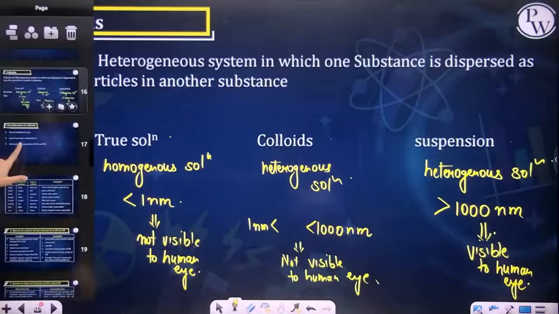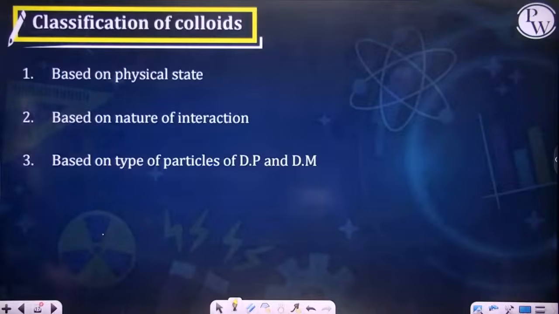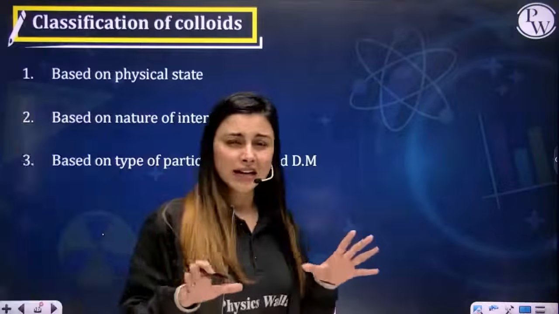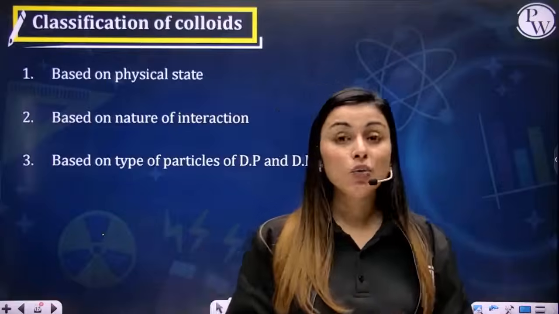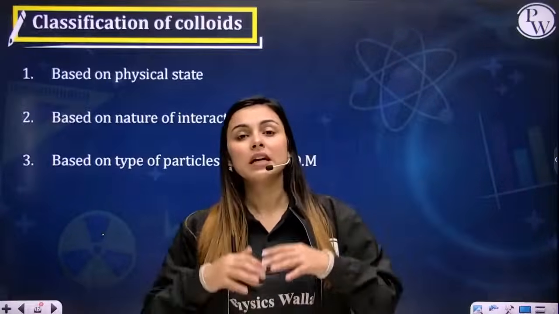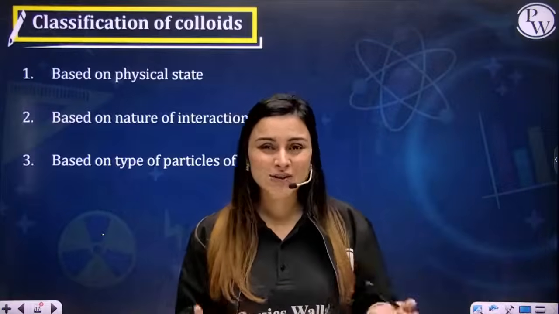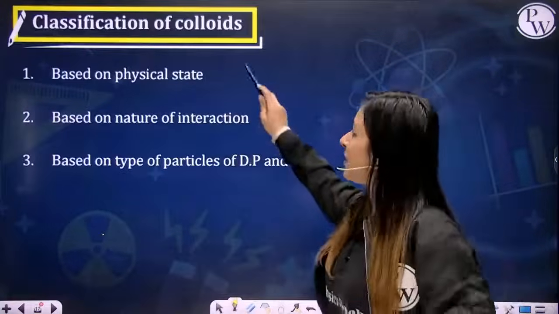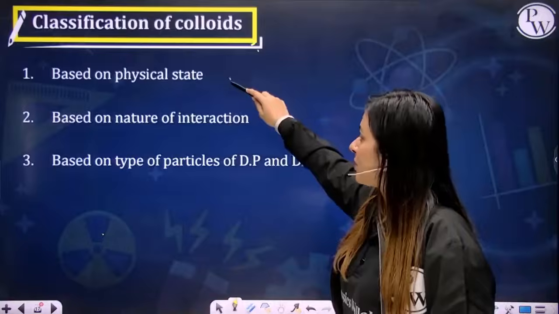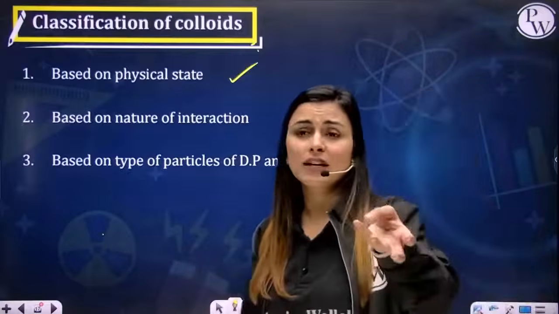Now let's move forward. Now, my dear students, we have quite a bit of an idea about what colloids are. Now we need to classify these colloids on the basis of different conditions. What are those conditions? We'll classify colloids on the basis of their physical state, whether it is solid, liquid or gas.